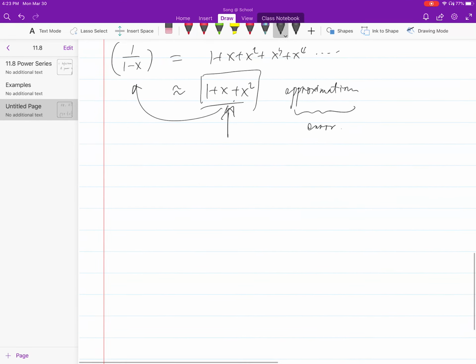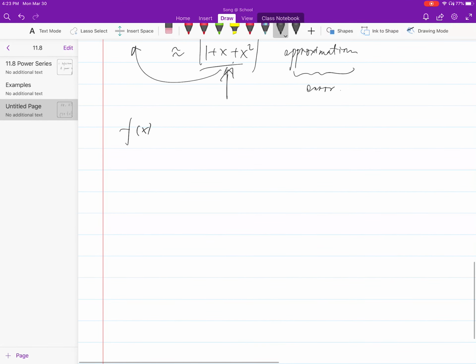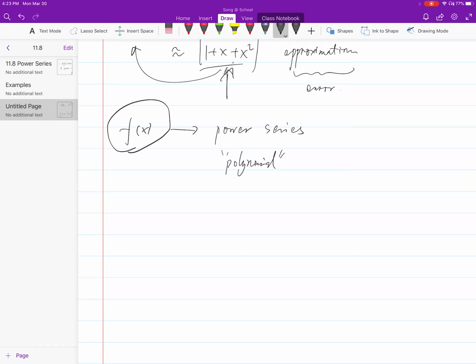We take any function, and we rewrite it to be a power series. Once we rewrite it to be a power series, it's almost like a polynomial. Then everything we would like to do with the function, we can basically do with this one, like taking the derivative, taking the integral.